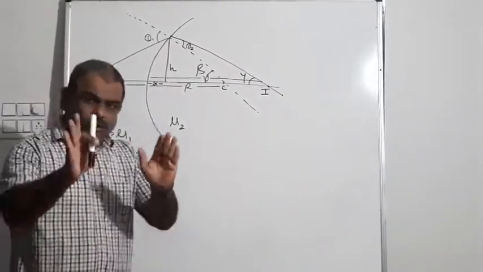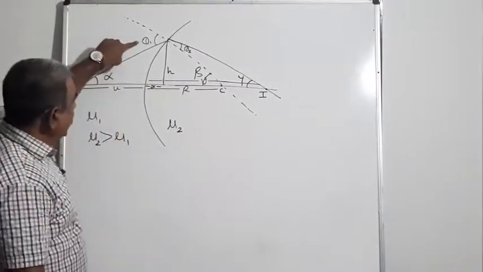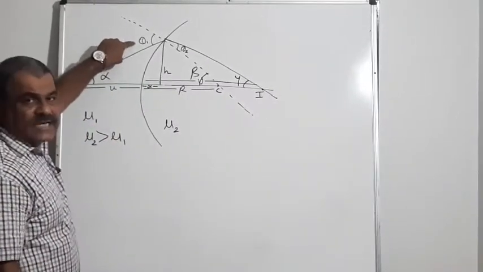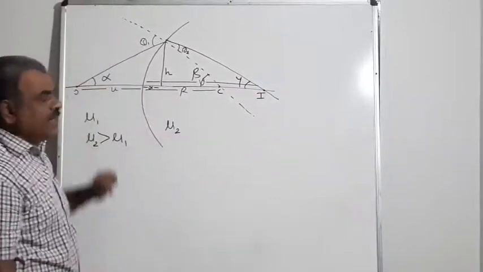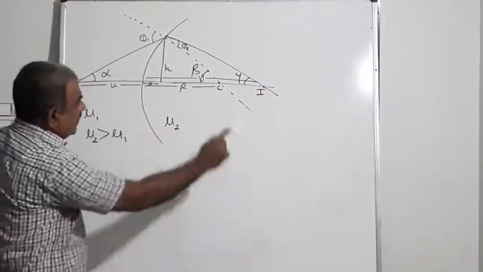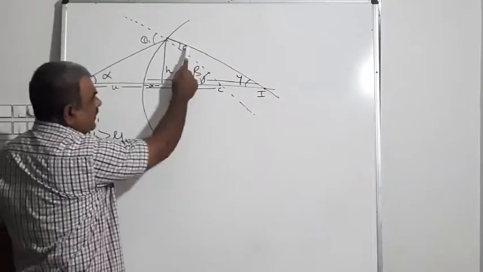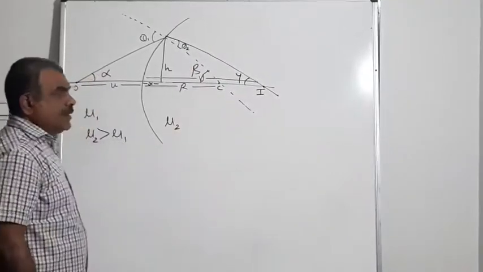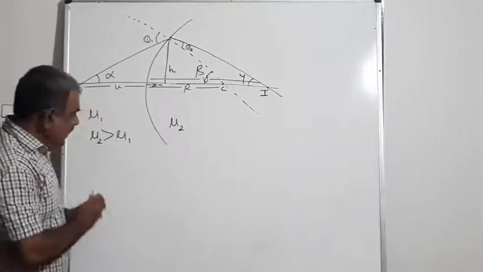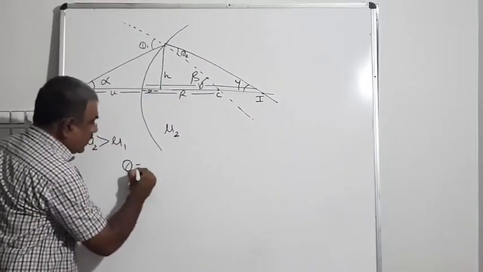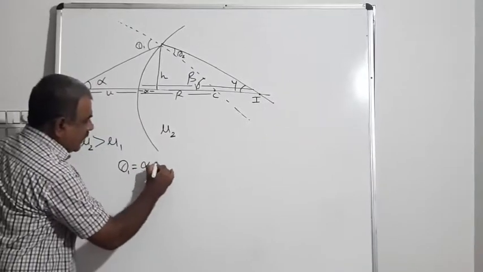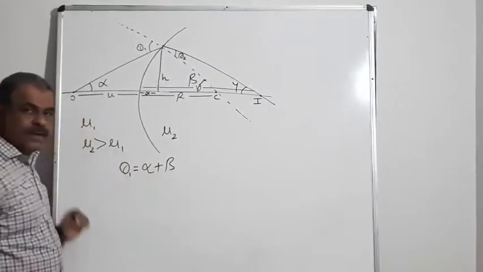Okay, just follow the geometry of the figure. If I take theta 1 as the exterior angle, then can you say that alpha and beta are the corresponding interior angles? In the same way, if beta is the exterior angle, then theta 2 and gamma will be the interior angles. So naturally, theta 1 can I write as alpha plus beta?